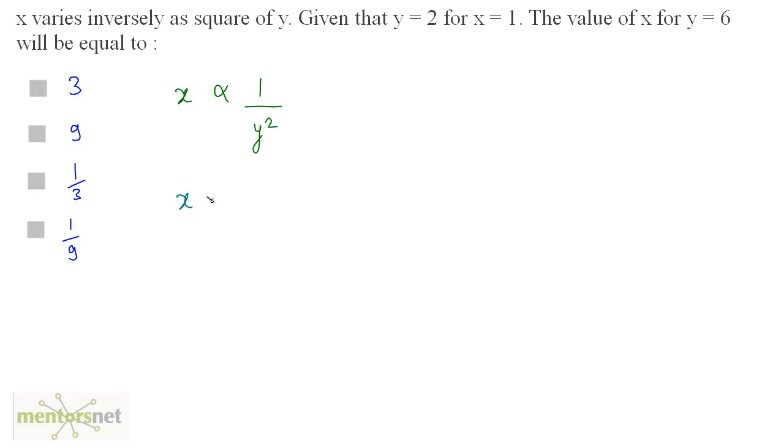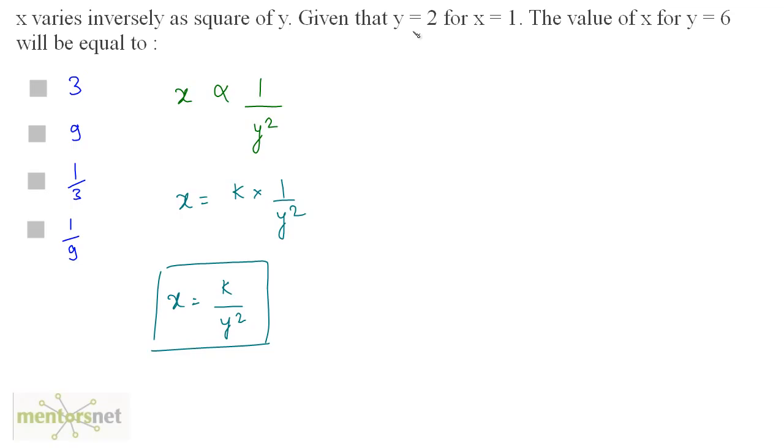So I can write this as x is equal to some constant times another term, so k times 1 by y square. Therefore x is equal to k by y square. This is the basic equation that yields the value for y and x when some value is taken.